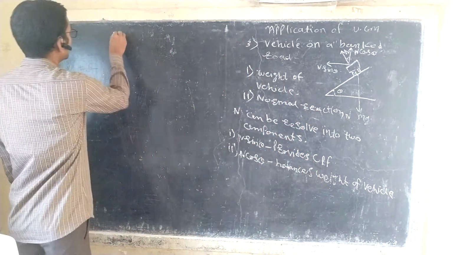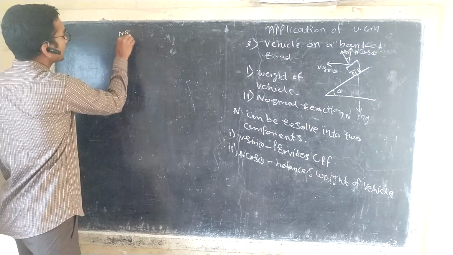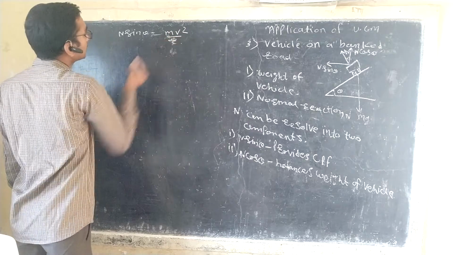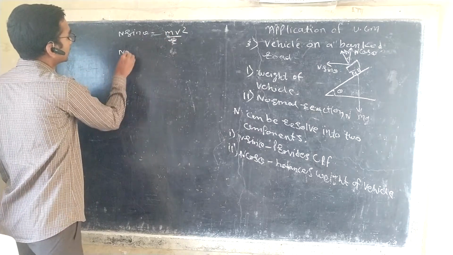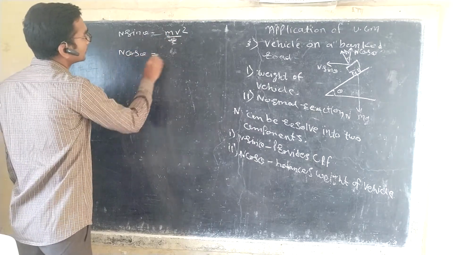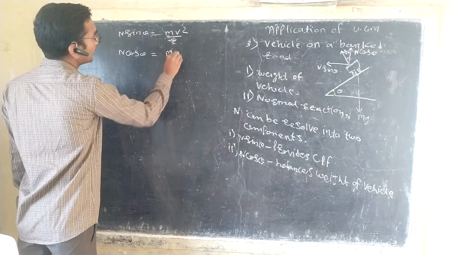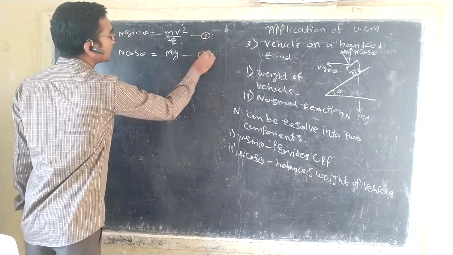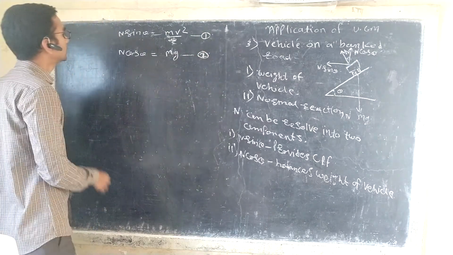So we can write n sin theta equals mv square by r, and n cos theta equals mg. This is equation number 1, and this is equation number 2.